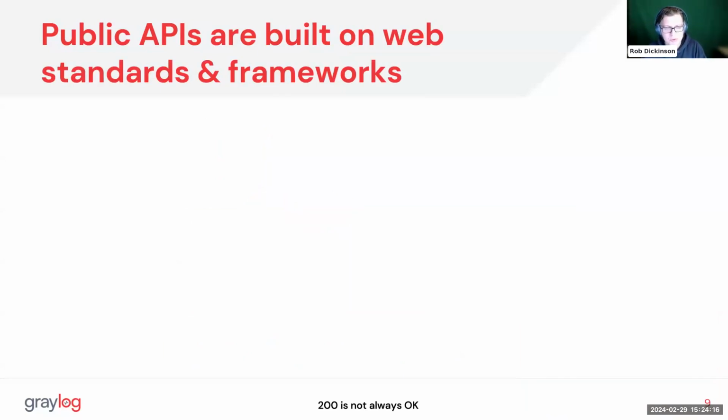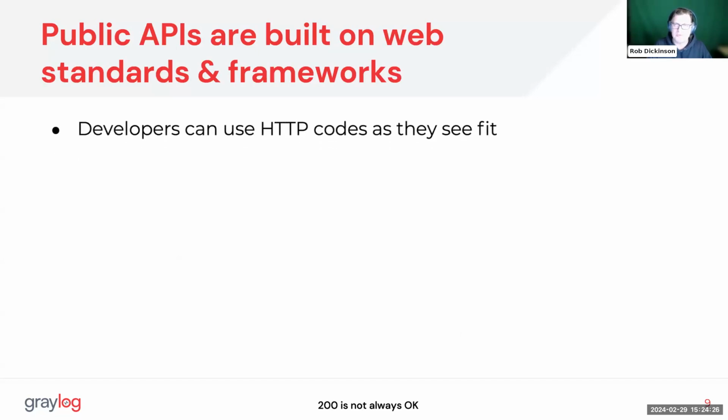Where this comes into the web world is that public APIs, as we know them today, are built on web standards. They're built on web frameworks. And just like with the websites that these APIs are replacing, that means developers can use the HTTP codes really as they see fit.